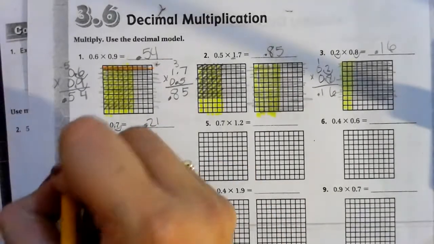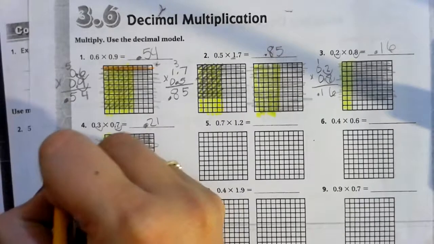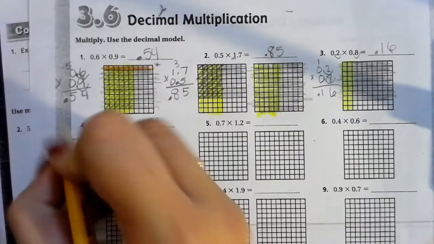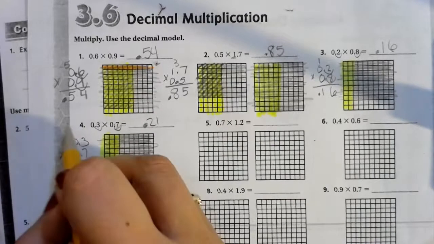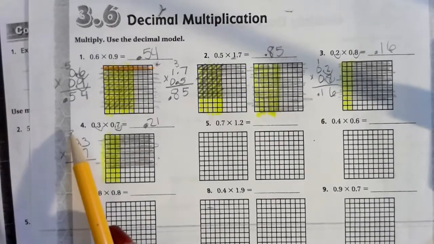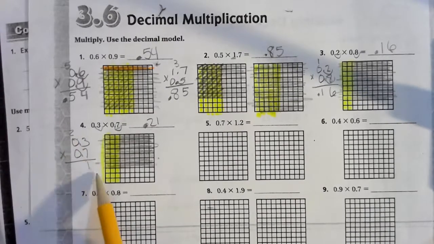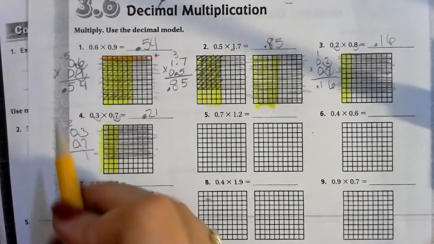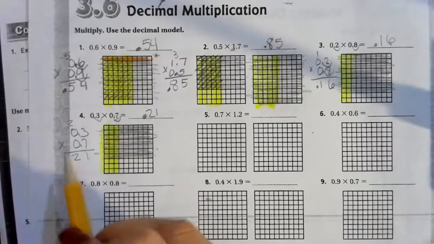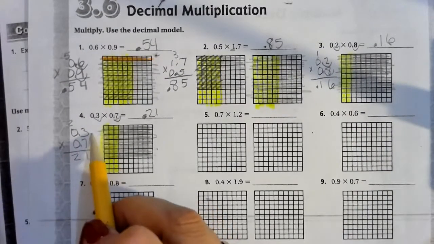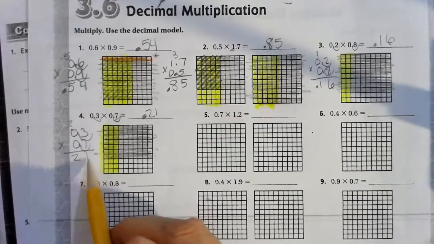Okay, let's check it. 0.3 times 0.7. 7 times 3 is 21. Carry your 2. Remember to check and make sure you've written 21 and not 12. 7 times 0 is 0 plus 2. And then my decimal, and I can multiply it out by my 0, but it's not going to change my answer. 1, 2, so 0.21.